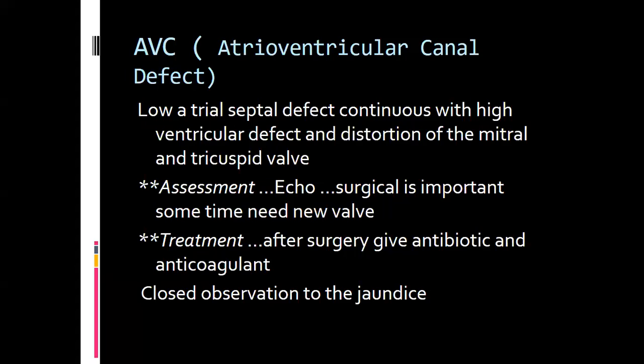It is characterized by the low atrial septal defect, which is continuous with the high ventricular defect, and there is a distortion of the mitral and the tricuspid heart valves, in the case of the atrioventricular canal defect.